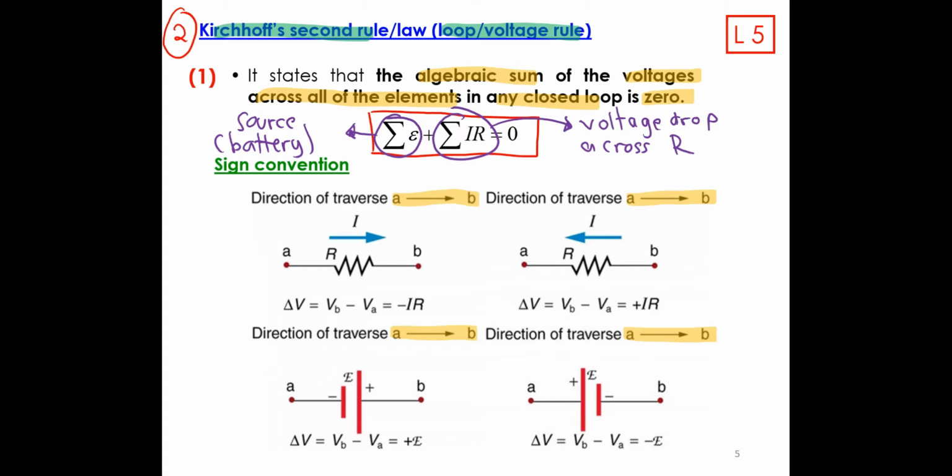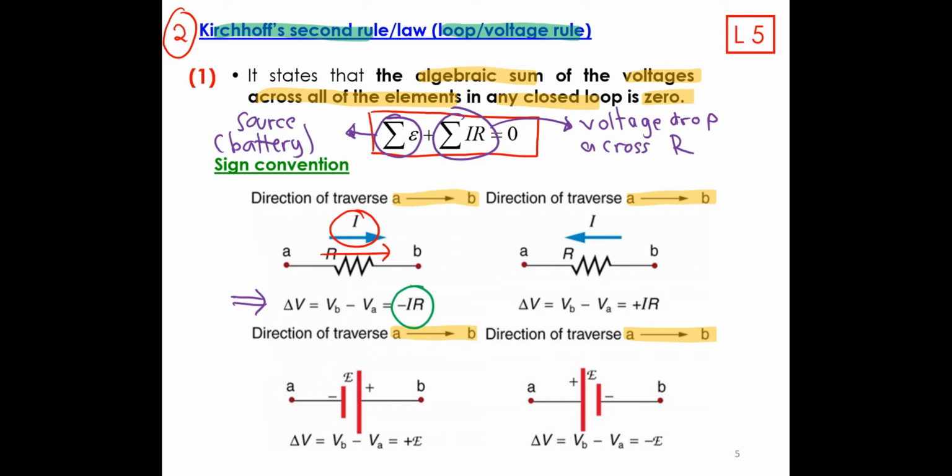If the direction of current is the same as the direction of traverse, from A to B, you will have a negative potential difference, which is negative IR.